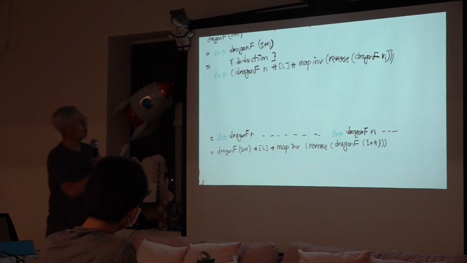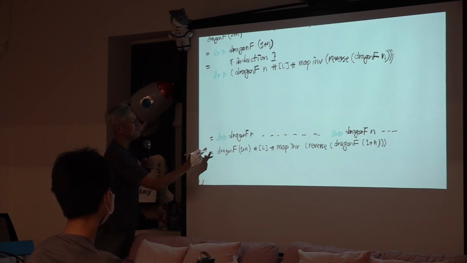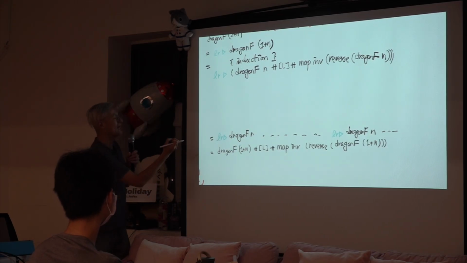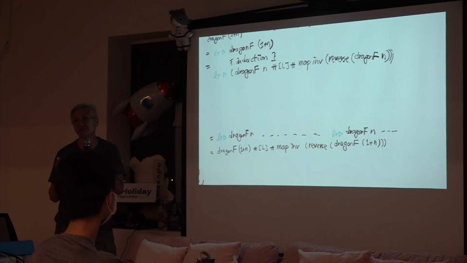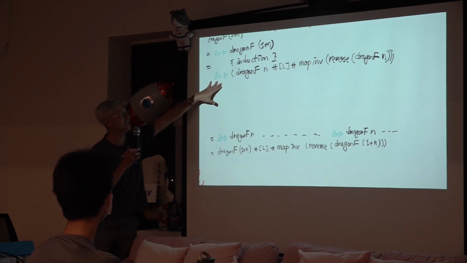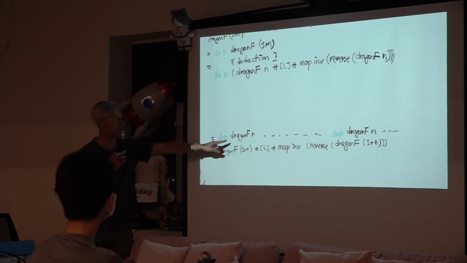So now, if we manage to bring LR interleave next to dragon f, we can fold them back by the definition and get the expression we want. So now the purpose is to try to distribute LR interleave into this expression until they reach dragon f.